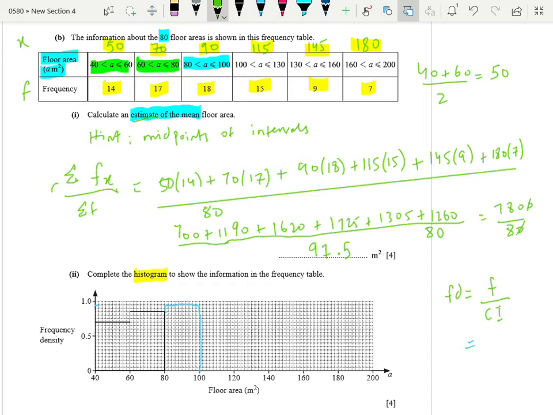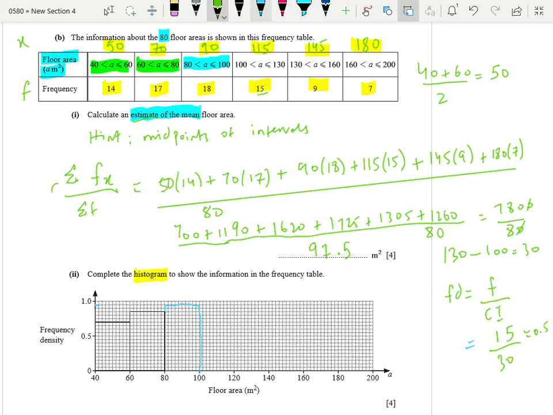Right. So now, can you guess what is going to be the frequency? For the fourth one, the frequency is right here, 15. The class interval is 130 and 100. So you can subtract, to get 30. So 15 over 30 would be 0.5.